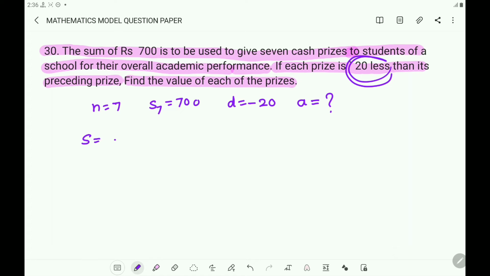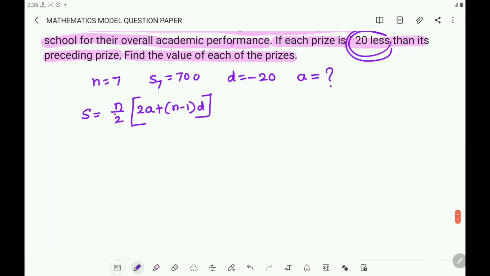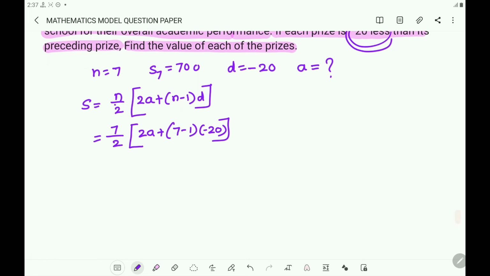Sn equals n by 2 into 2a plus n minus 1 into d, that equals n is 7 by 2 into 2a, plus n is 7 minus 1, d is minus 20.